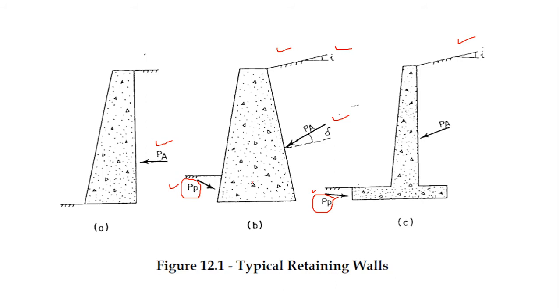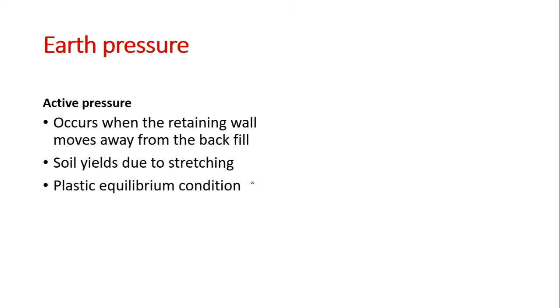Okay, next we are going to see what is meant by active earth pressure and passive earth pressure. The active earth pressure occurs when the retaining wall moves away from the backfill, meaning the backfill pushes the wall away from it.